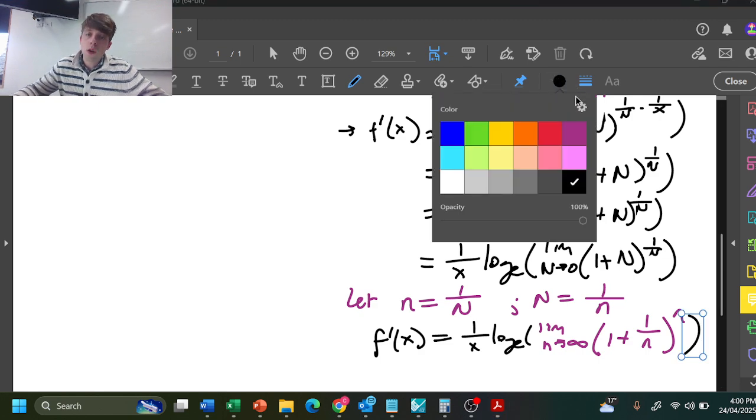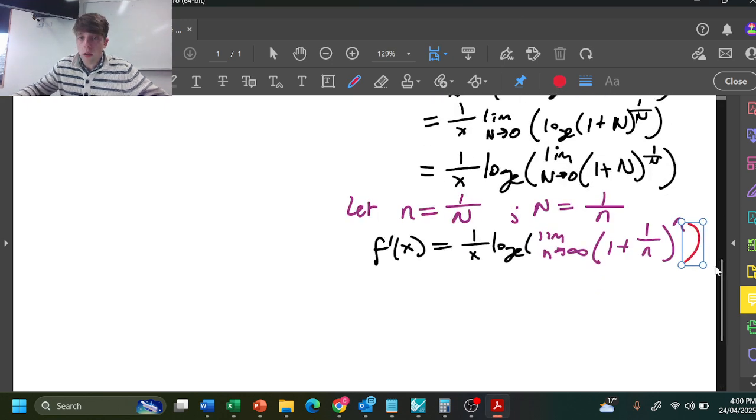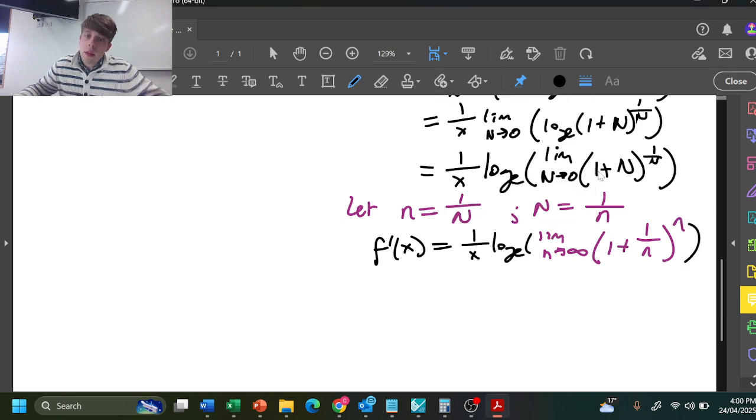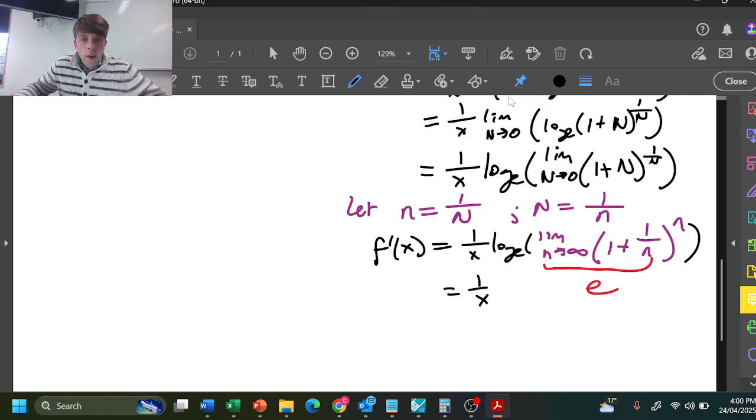So what we basically have shown is that that thing inside the brackets, inside this logarithm here, is in fact equal to e by definition. So therefore what we end up with is 1 over x times log e of e.